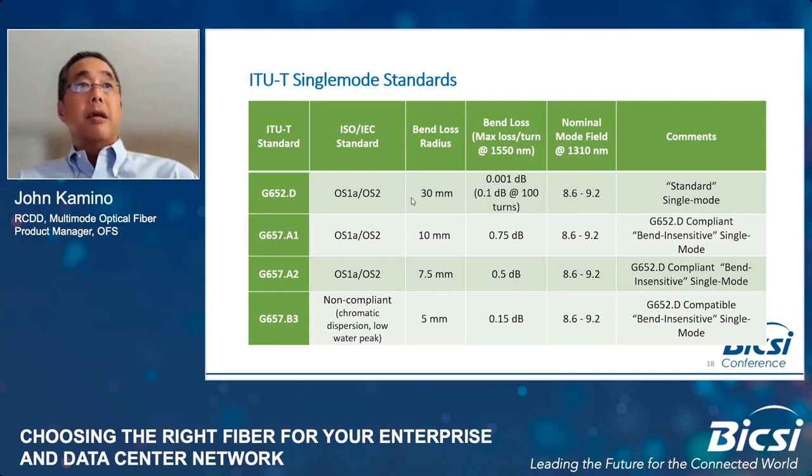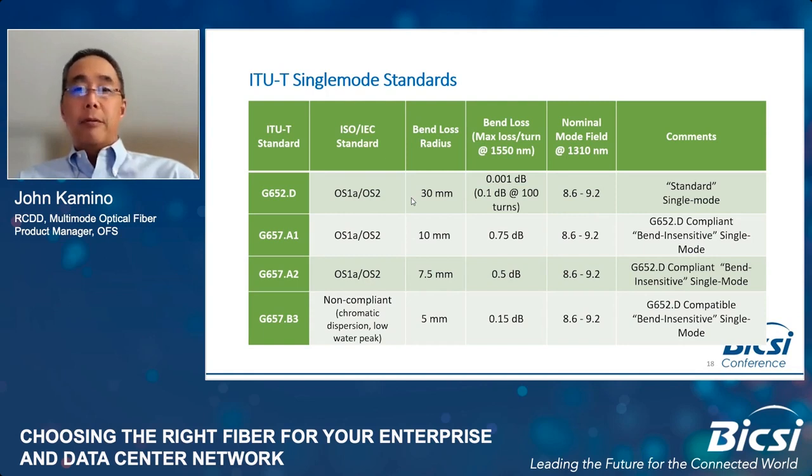And you can see for an A1 fiber, you can have a 10 millimeter bend radius and a 3/4 dB attenuation allowed. Whereas with a B3 fiber, it's a 5 millimeter radius and a 0.15 dB max allowed added loss.